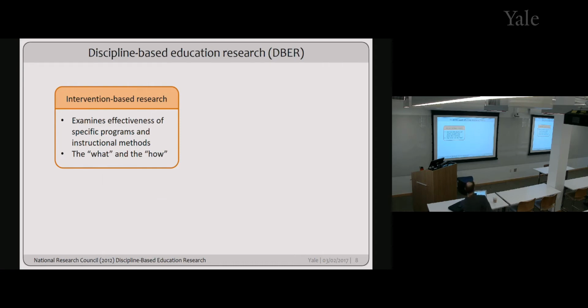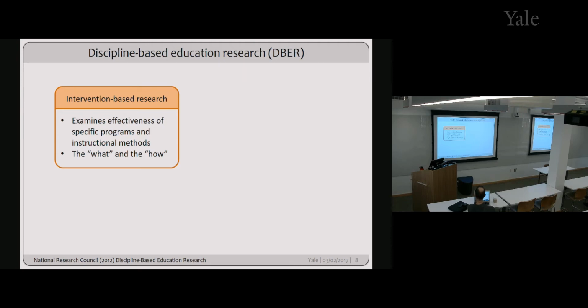In education study, I like to bin research into two flavors. There is the intervention-based research, which looks at specific strategies and specific programs and their efficacies. In the biomedical analogy, this is the clinical trials that physicians would do, a specific therapeutic for a specific disease.